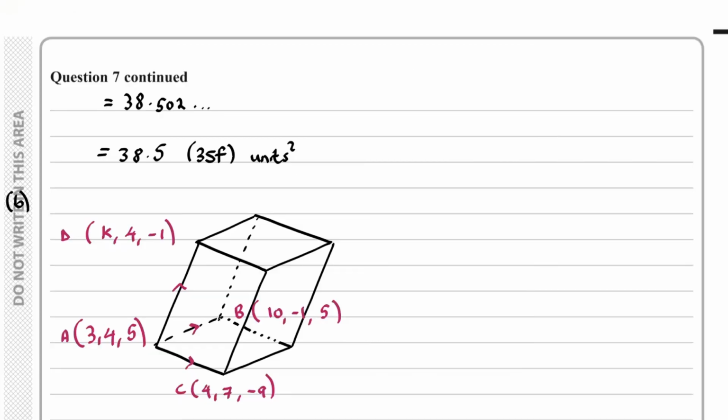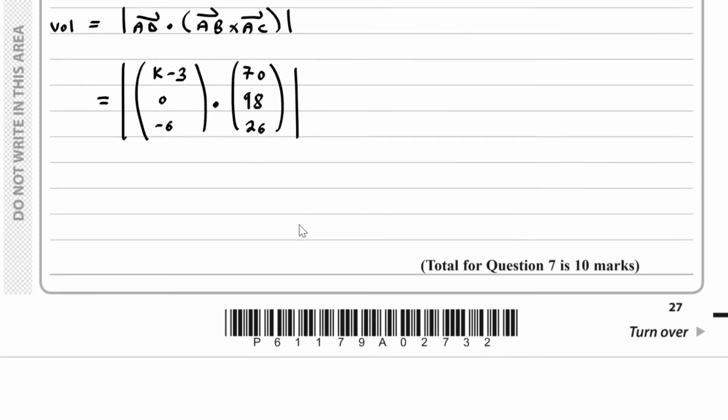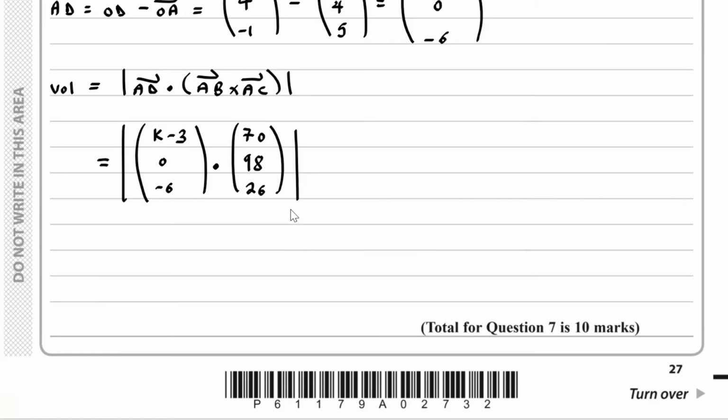Okay, so working this out, the dot product, we have the magnitude of 70 lots of (k-3) plus 0 lots of 98 plus 26 lots of -6.